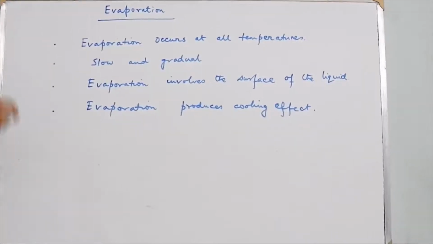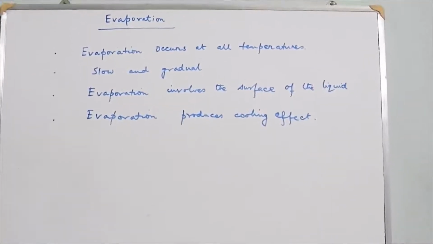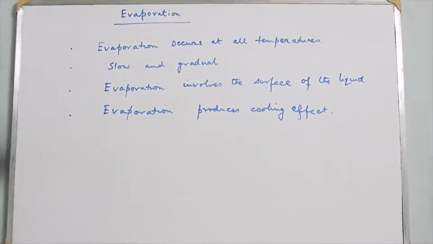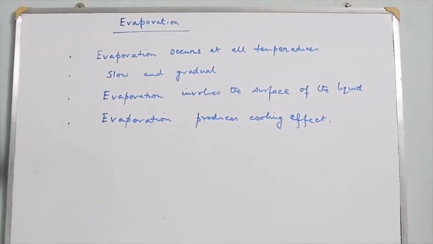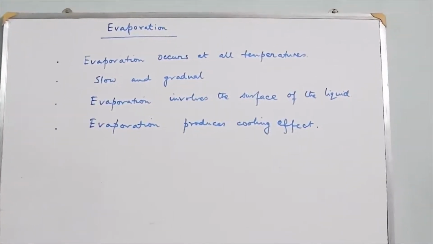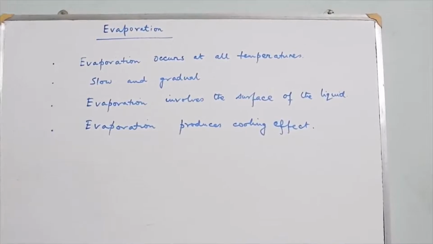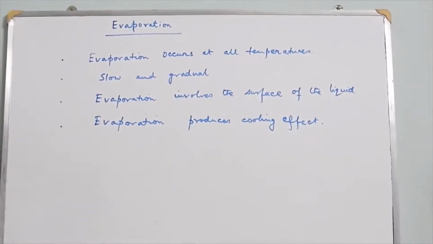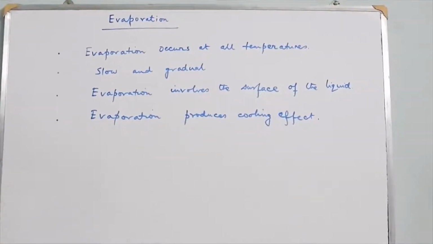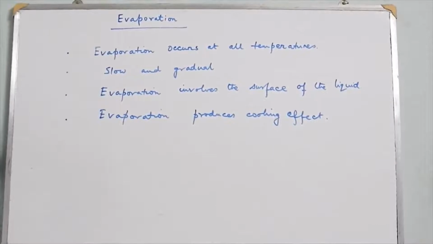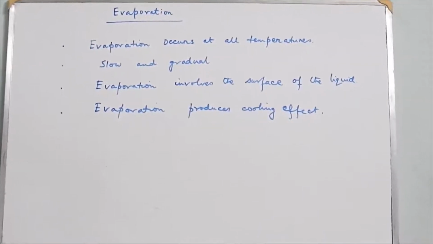In comparison with boiling, you can say that some phenomena are exactly opposite, but the molecular model that we have previously discussed in the case of boiling is also effective while discussing evaporation.